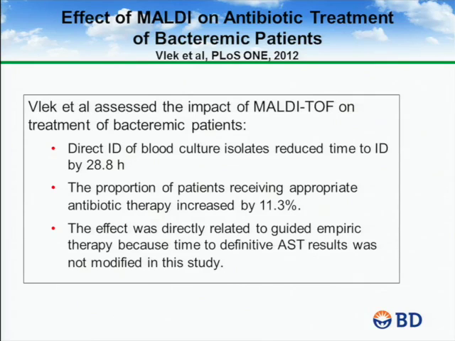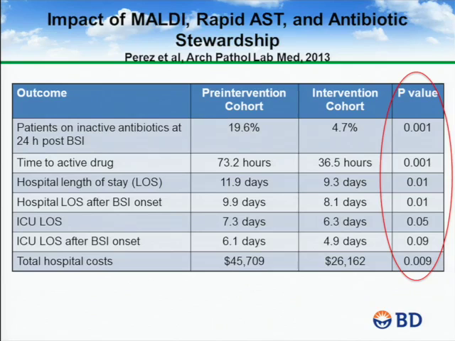Now that may seem low, but the reality was that their empiric therapy was very accurate. So despite that, they were still able to improve empiric therapy for patients by 11%, and that's without doing rapid susceptibility tests.